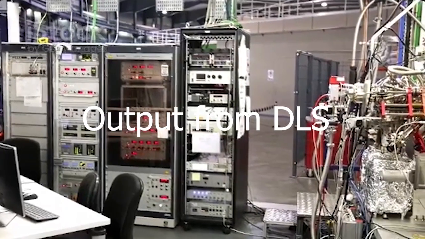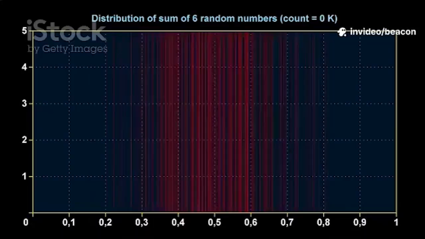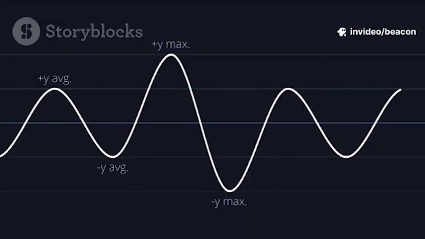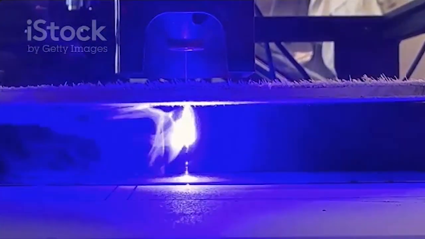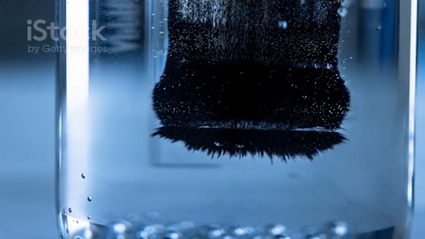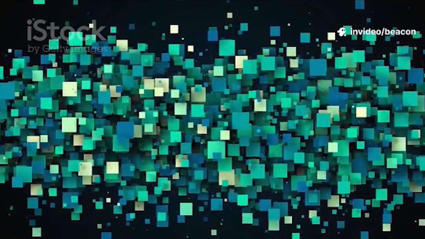So, what exactly do you get from a dynamic light scattering, or DLS, experiment? The main output is a graph showing the distribution of particle sizes in your sample. Think of it as a size fingerprint. DLS works by shining a laser through tiny particles suspended in liquid. As the particles move, they scatter the light in patterns that reveal their size.